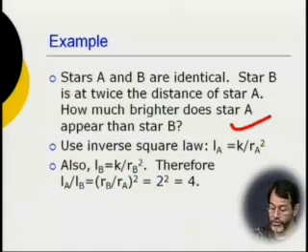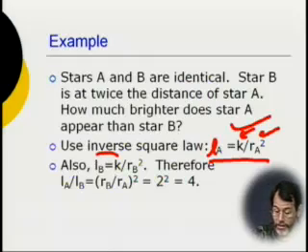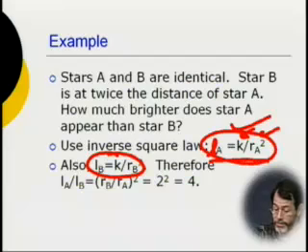That's the question. So you use the inverse square law: L, which looks like an I but is an L, the apparent luminosity of A, drops as the distance to A squared, and K is just some constant. So let's look at it. L sub B is also equal to K over R_B squared, just like this was true for A. Therefore, we can take the ratio of the two, and all we need to know, if they're identical, is how far they are away from us.